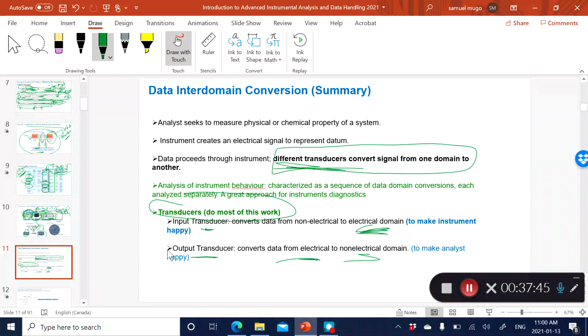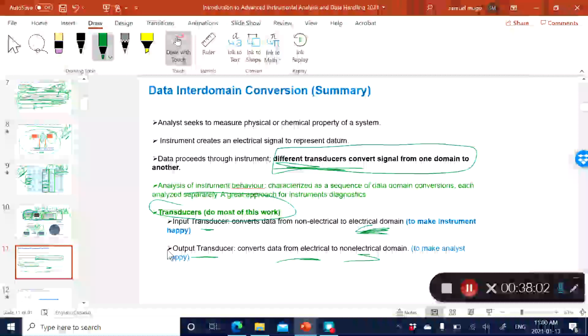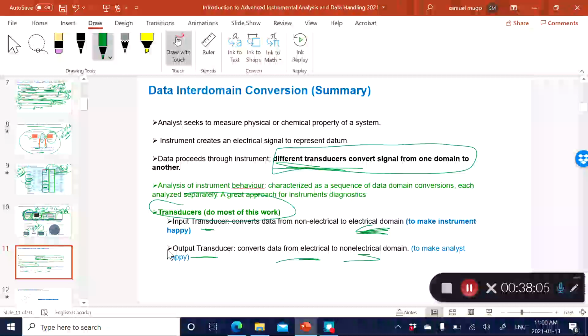So you can see the data interdomain conversion within this so-called black box. But as an analytical chemist, you cannot think of it as a black box, because you'll be required to know the purpose of each component and how it affects the performance of the instrument, okay?